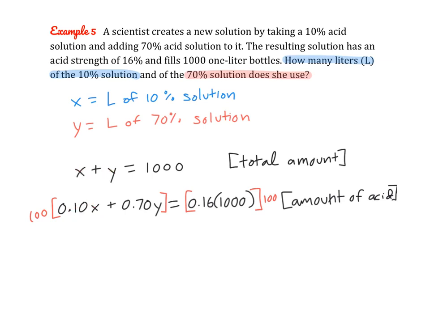It would be really nice if this were negative 10x, so we can multiply our top equation by negative 10. That gives us two new equations: negative 10x minus 10y equals negative 10,000.